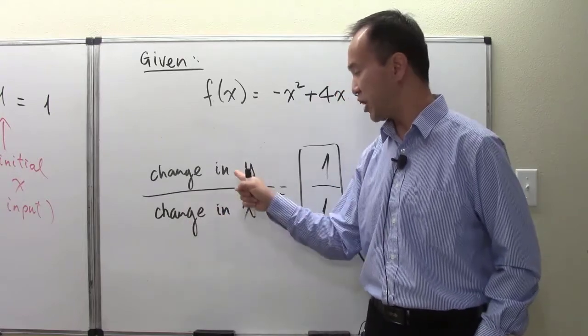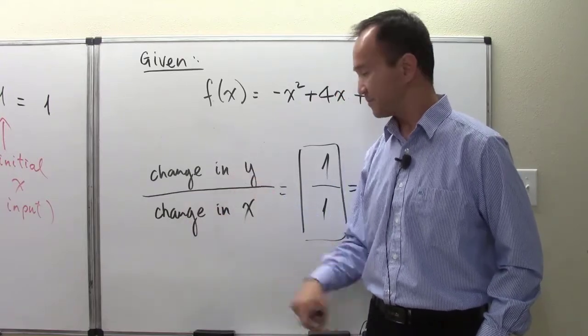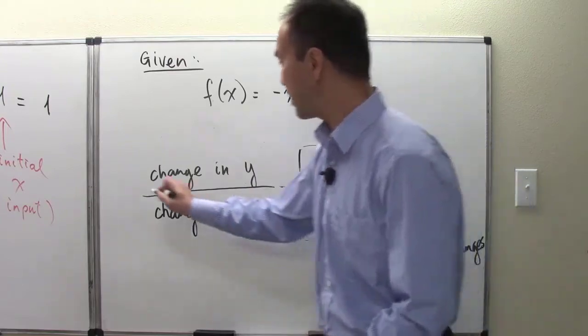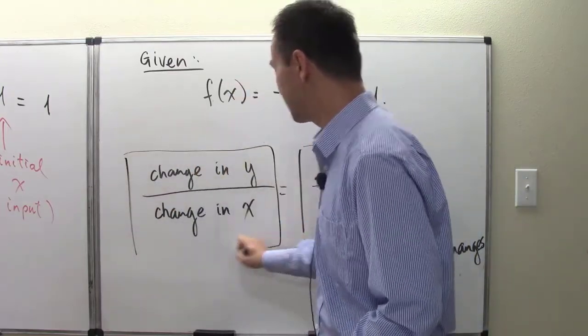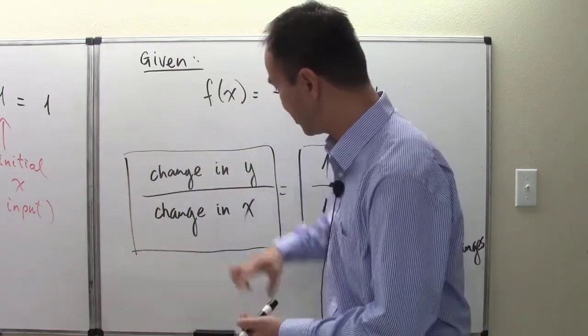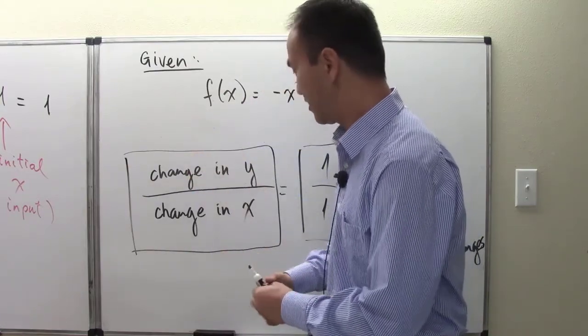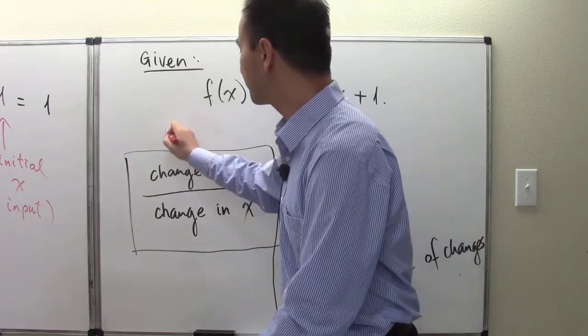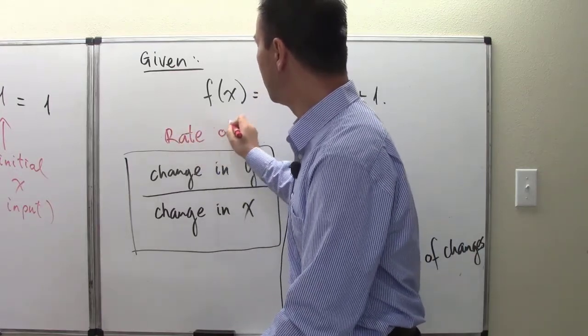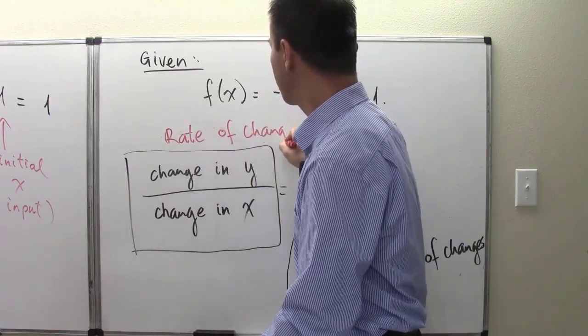So it's always changing y over changing x. Ladies and gentlemen, that's why we call it a rate: the changing y value over the changing x value. That's the rate of change right here.